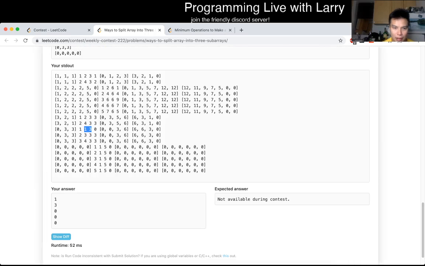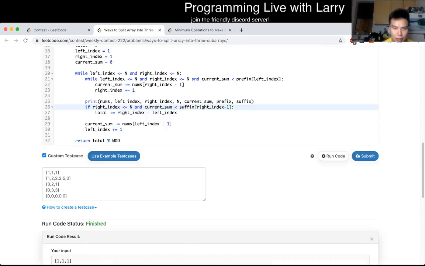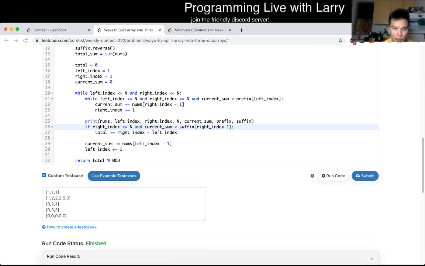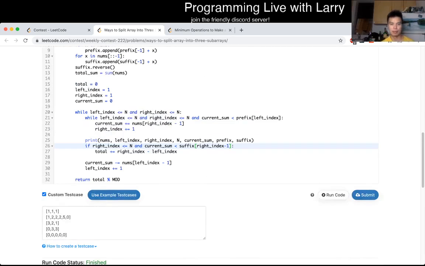Oh, left index, right index. So your prefix.